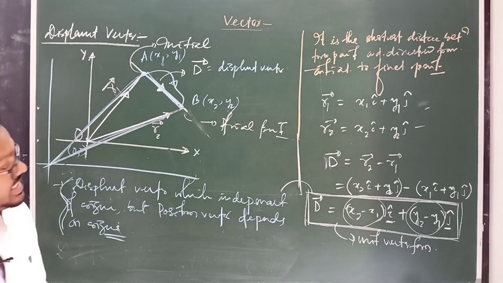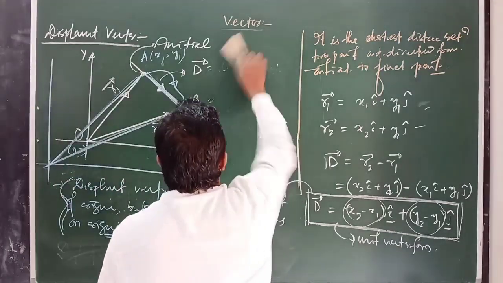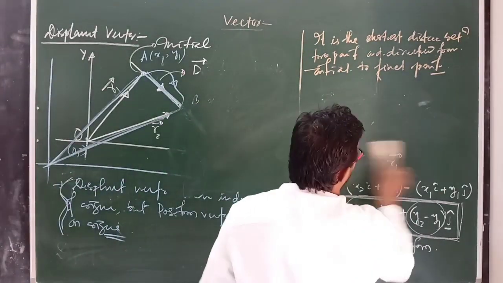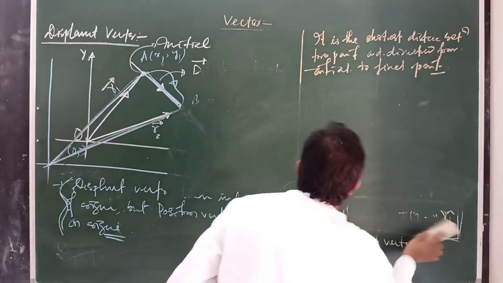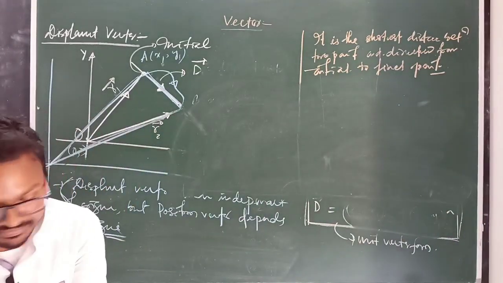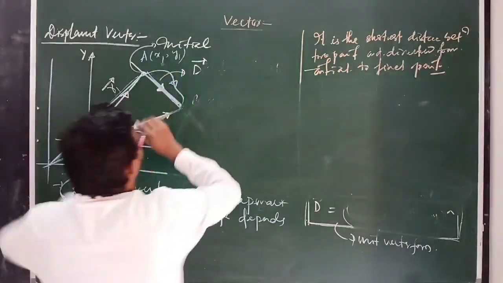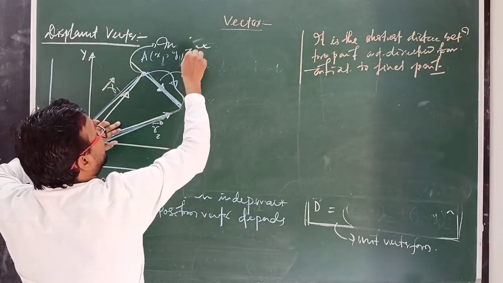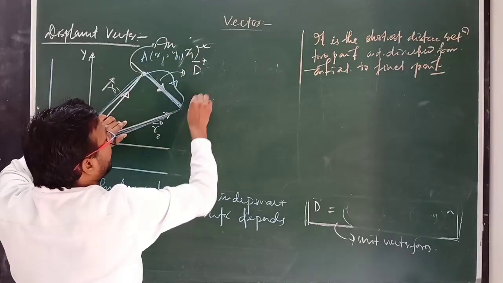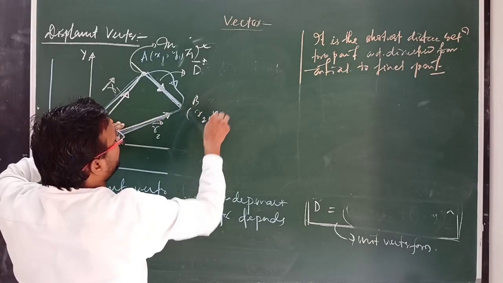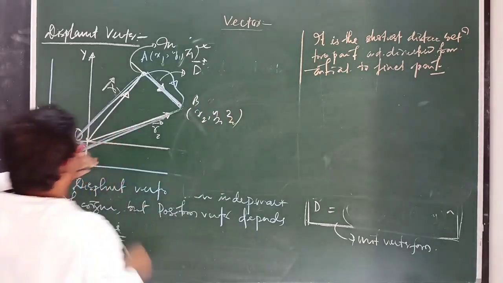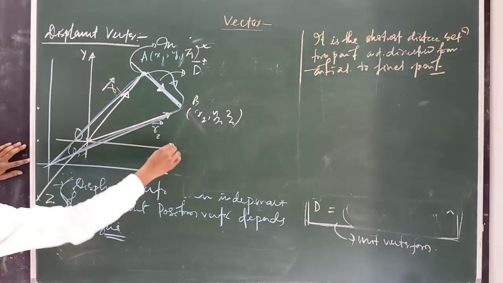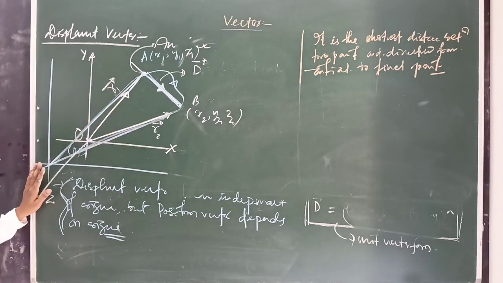Clear? And this displacement vector you can write in a three-dimensional figure. Clear? So how can we write the displacement vector in a three-dimensional figure? Suppose there is another point, Z1, and here point B, that is x2, y2, and z2. We have the x-axis, y-axis, and another axis, the z-axis.